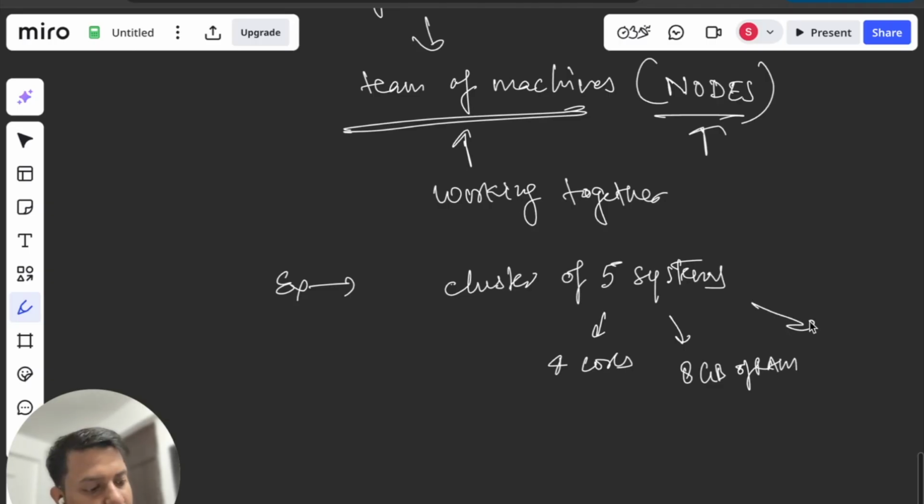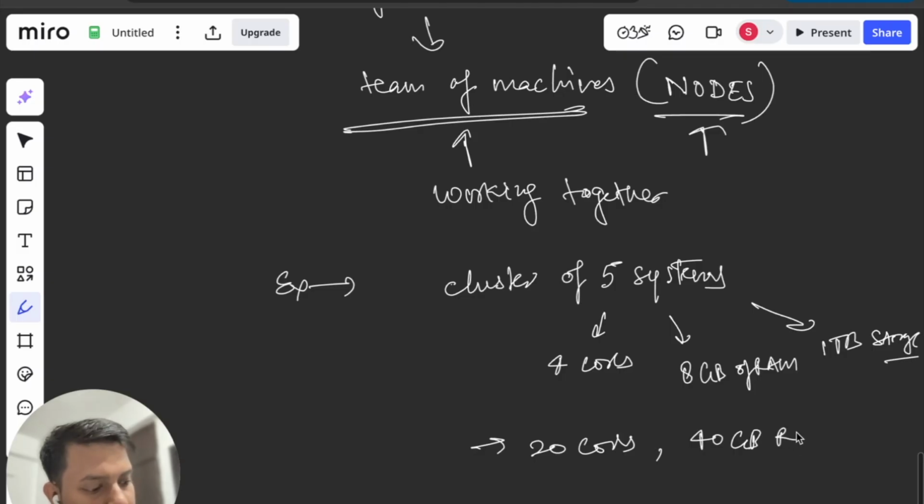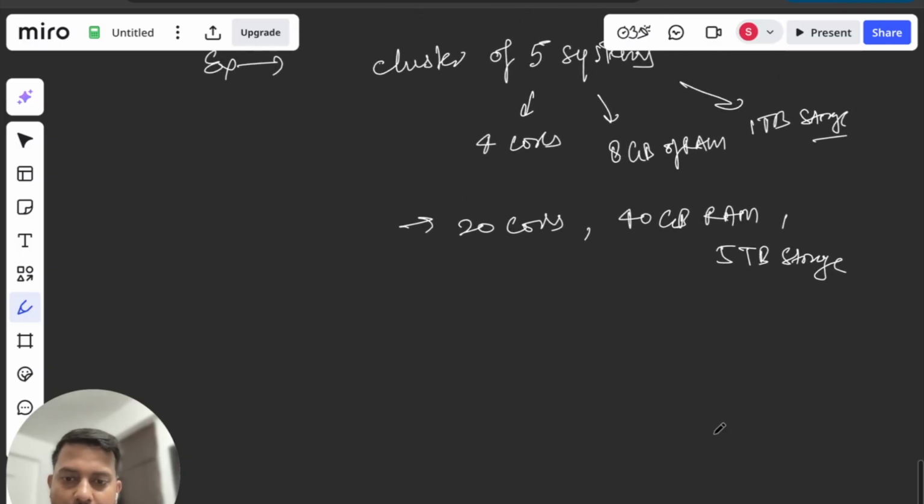Also, let's assume the storage is 1 TB. So the combined resources would be 20 cores, 40 GB RAM and 5 TB storage.